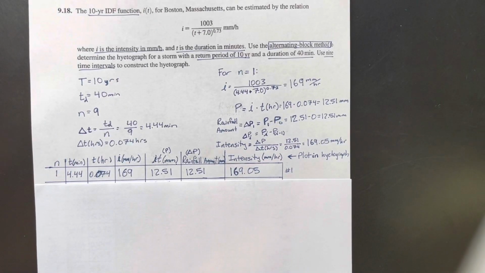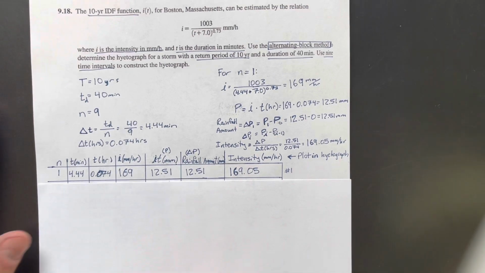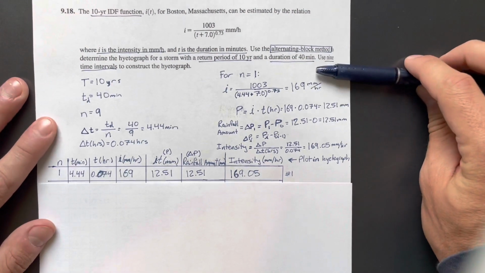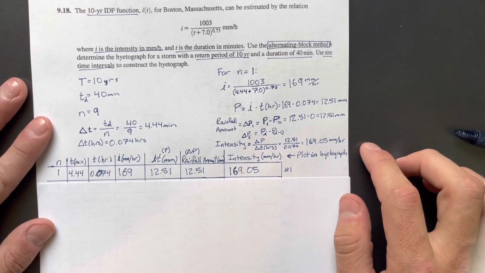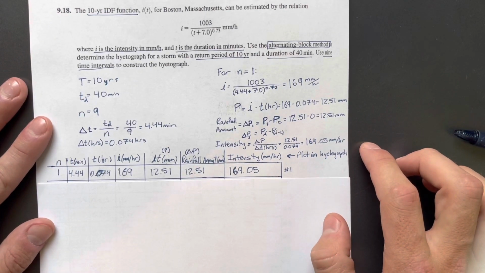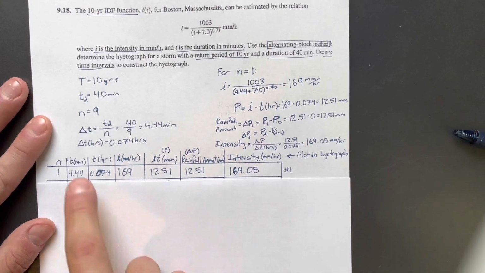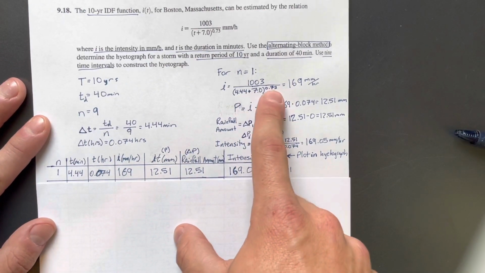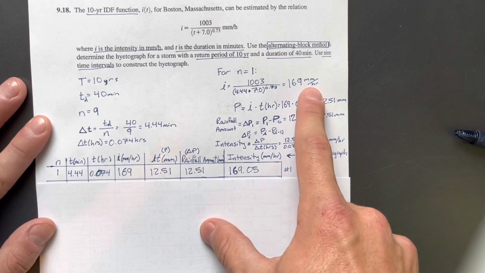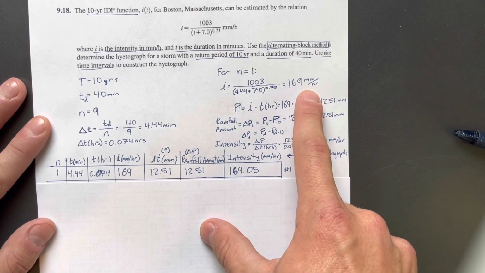Since the calculations are the same for each time interval, I've shown sample calculations for n=1 right here. To find the intensity of n=1, you simply plug in your time in minutes into the IDF equation given, and you get a value. For n=1, it's 169 millimeters per hour.